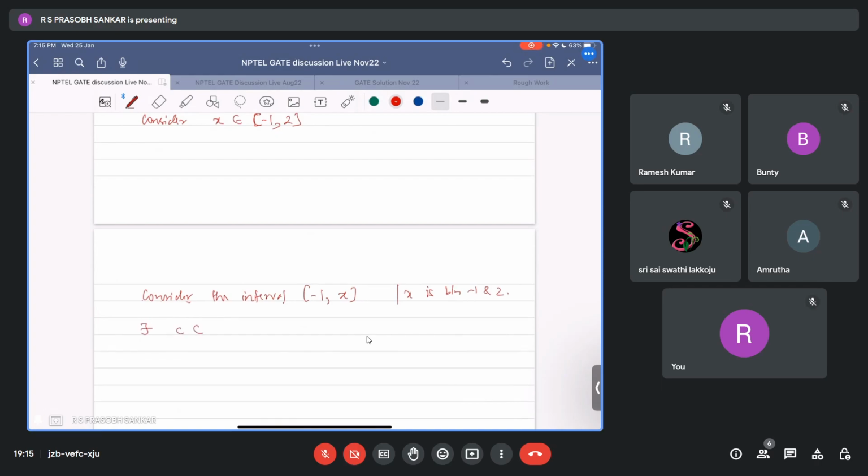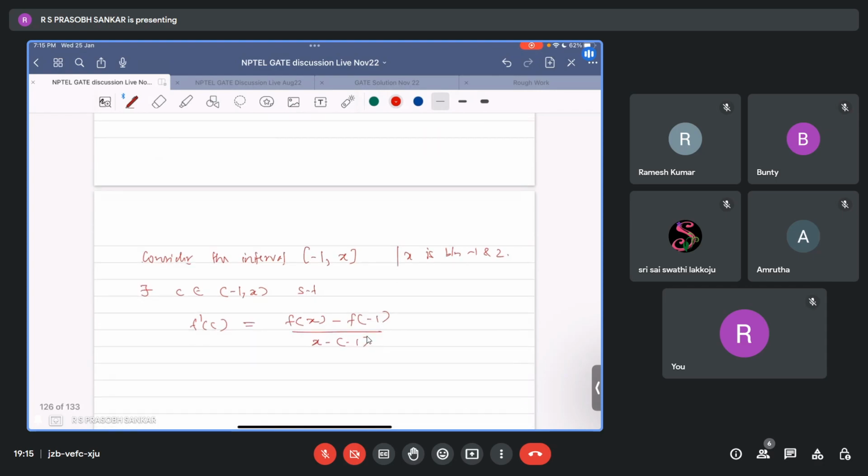There exists a c in this interval (minus 1, x) such that f prime of c, the derivative at c, is f of b, where b is x here, minus f of a, by b minus a. This is clear, right? I just applied the mean value theorem with a equal to minus 1 and b equal to x. That's it. Up to here it's okay, no?